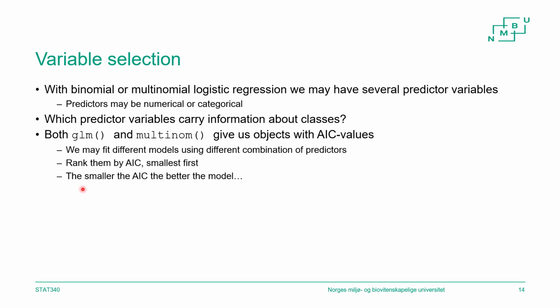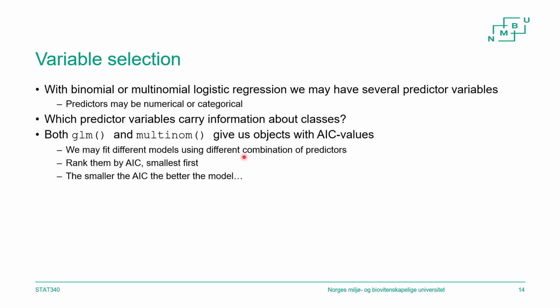And we can easily have overfitting with classification data as well, and underfitting, of course. So this is at least one way of approaching variable selection, using AIC and trying out all kinds of combinations of the predictors.